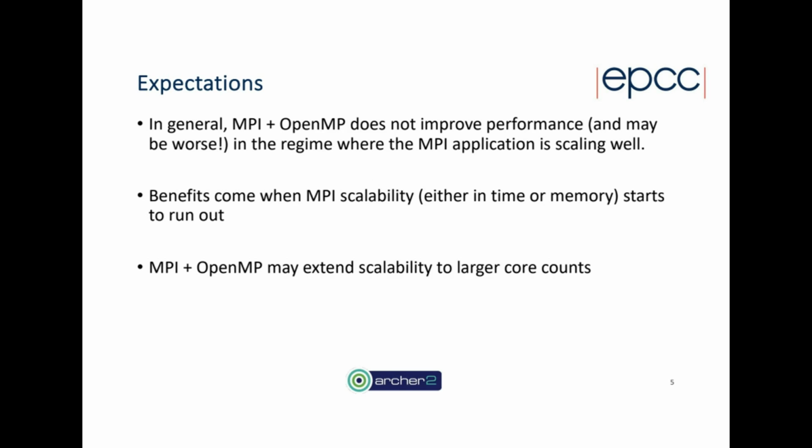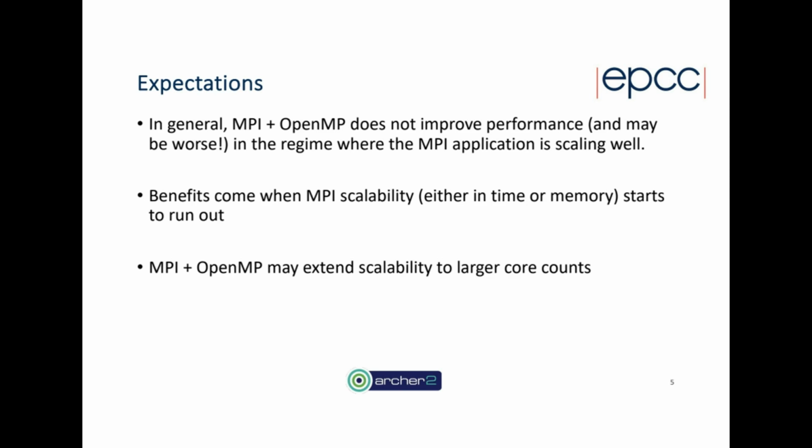Okay. Well, we should at least temper our expectations here, because in general, going from pure MPI to MPI plus OpenMP will not improve performance, and may actually make things worse in the regime where your MPI application is scaling well.